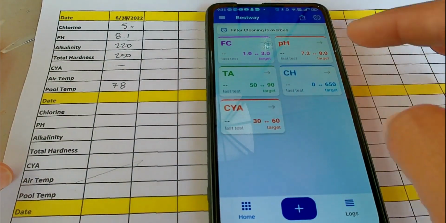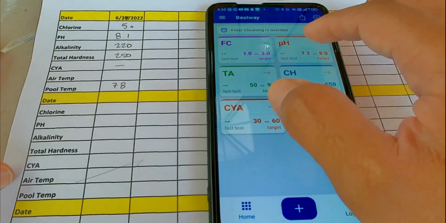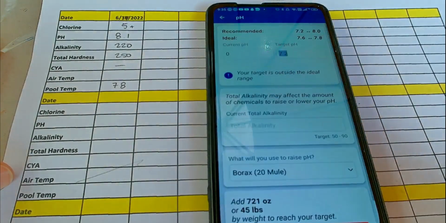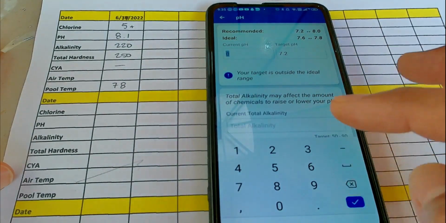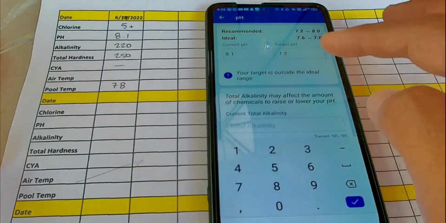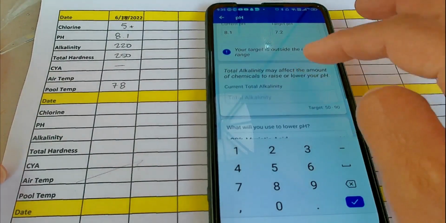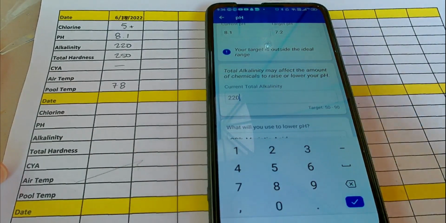To do that, I'm going to click over here on my pH calculator. I'm going to put in my pH level right now, which is 8.1. My target will be 7.2. My total alkalinity is 220.